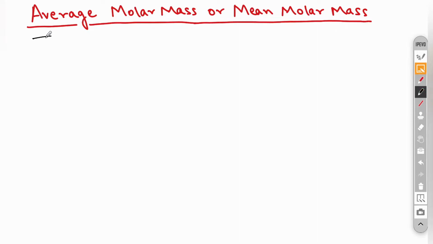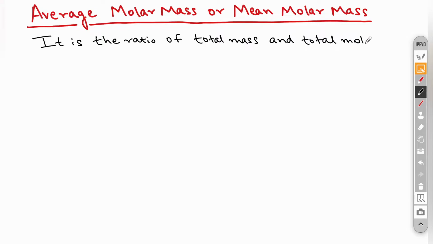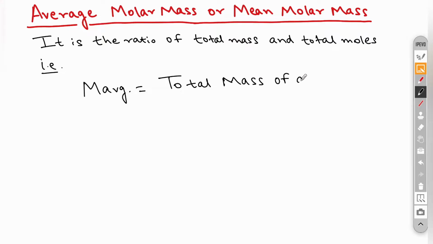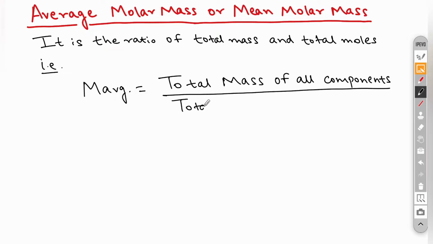We define it as the ratio of total mass and total moles, such that M average, the average molar mass, is equal to total mass of all components divided by total moles of all components.